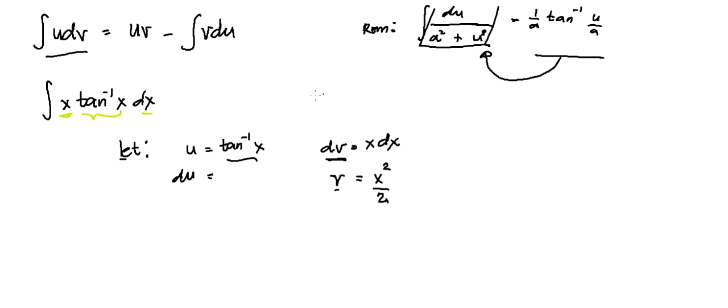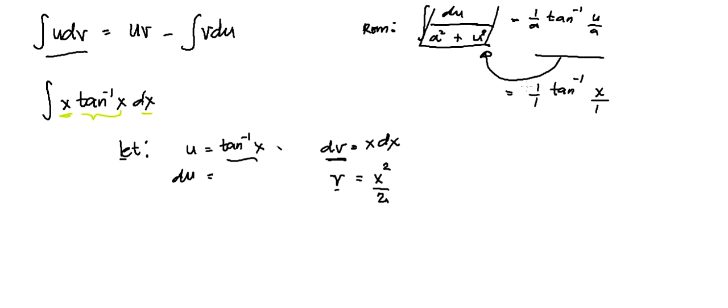As we analyze this, we have arctan of x, so this is our variable x. Since it is only arctan of x, the constant we have here is just 1, so we have 1 over 1.